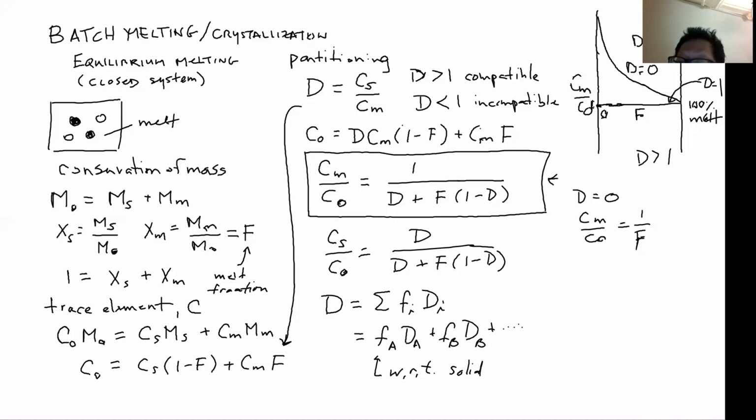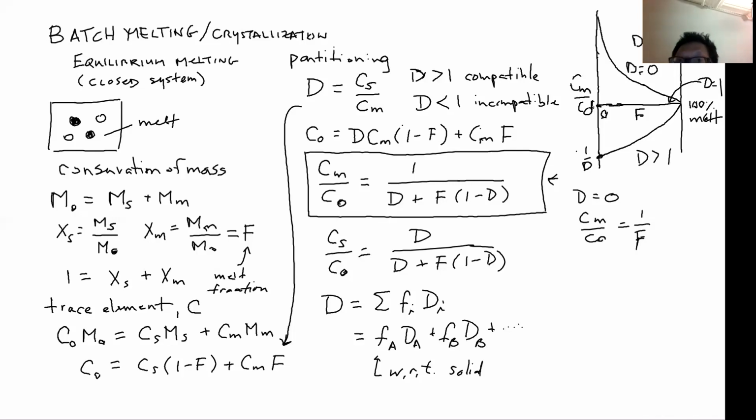If it's compatible, then what you'll get in the melt is something that looks like this. Also will converge to 1 at F equals 1. But the value over here is then equal to 1 over D, okay? When F equals 0. And the same thing goes for up here, right? Obviously when D equals 0, this goes to infinity, but when D is finite, it's somewhere in between.